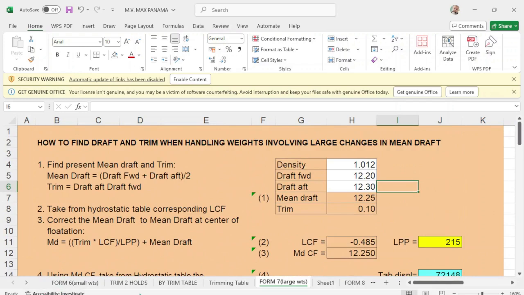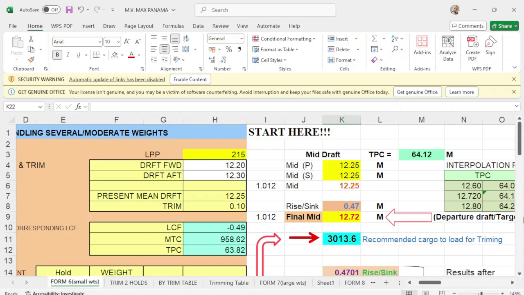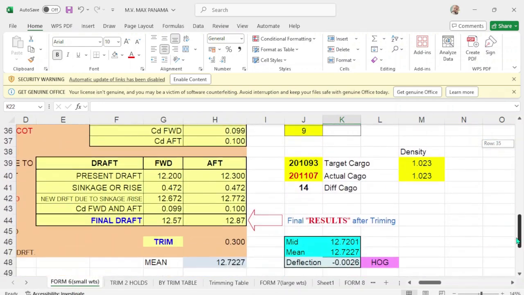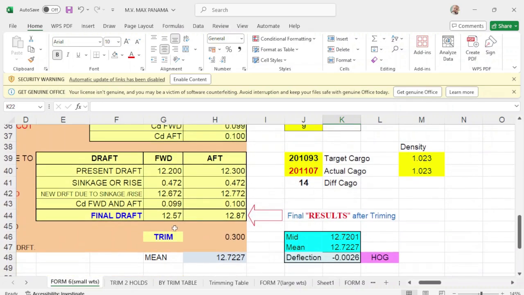Okay. So you have 1, 2, 3, 4 programs to back up your answers. So the first one will be for number 6. You will have the same drop forward of 12.57 and updraft is 12.87. Trim is 30 centimeters and main drop is 12.72.